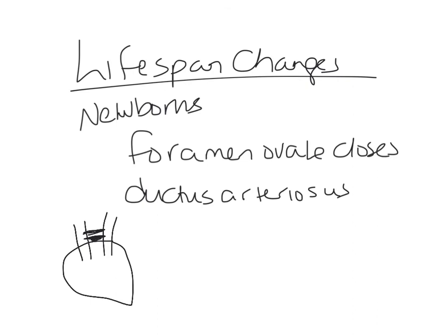On that first breath, as soon as the pressure decreases, those flaps close and that connection is closed at that point. Before birth, before that baby gave its first breath, the lungs were filled with amniotic fluid from the amniotic sac.